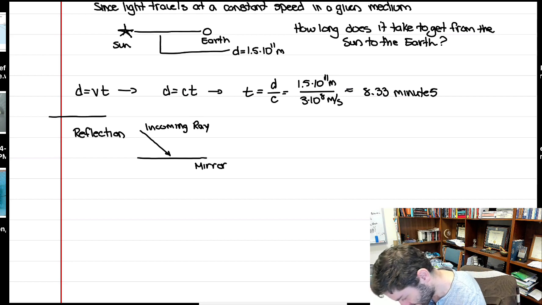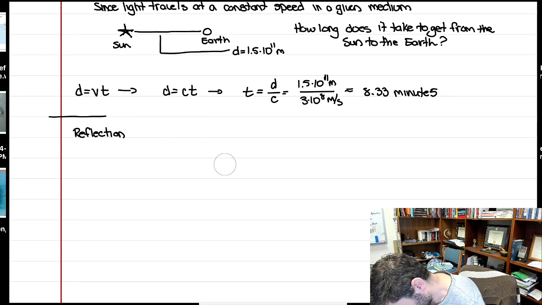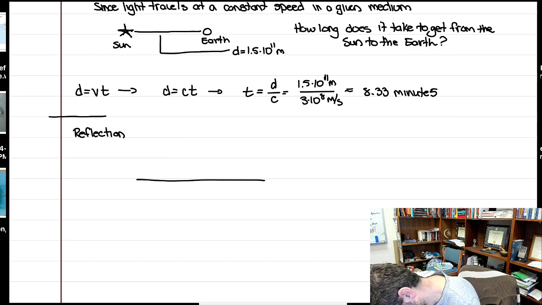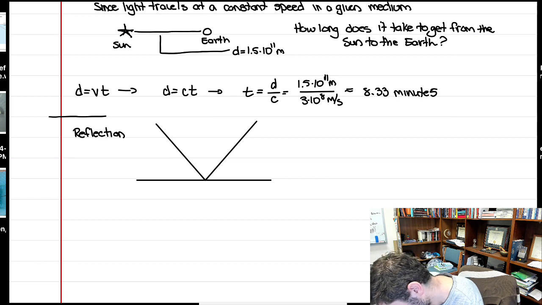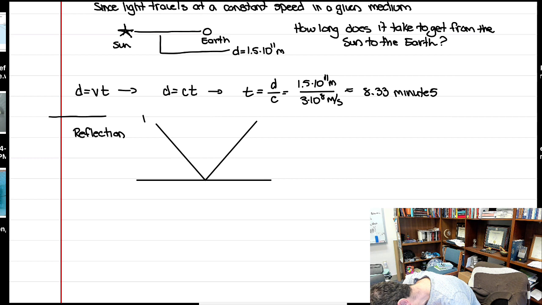So let me actually make this drawing a little bigger so we can do something very similar to the video. So we have our mirror, we have some incoming ray, and we have, as a result, some outgoing ray. We will call this incoming, and this might be reflected.